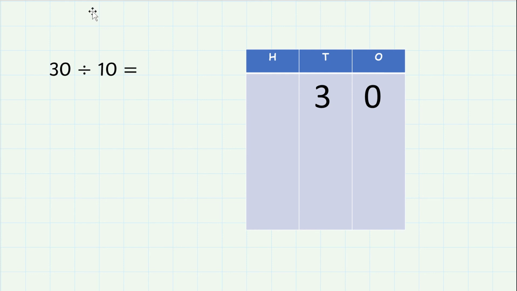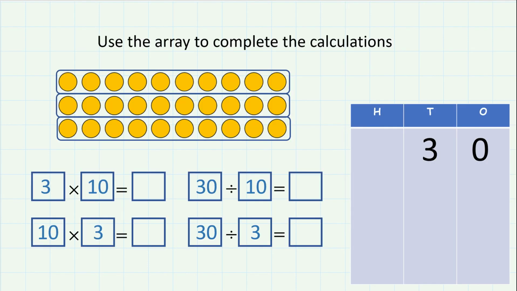So this time we've got 30, we're dividing it by 10, so we move it one space to the right, and that gives us the answer of 3. Now we have got 40 and we're dividing it by 10. So just like the other 3 that we've done, pick it up, move it one space to the right, and the answer is 4.